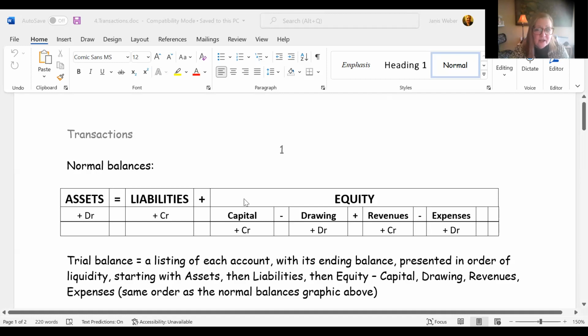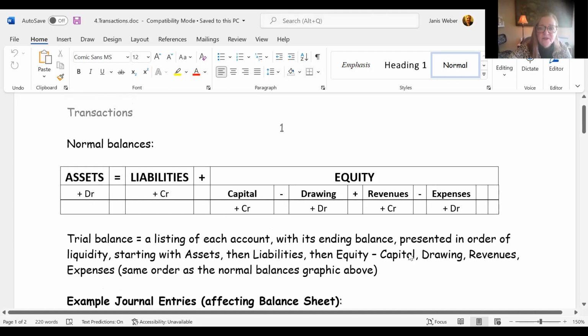And then the equity accounts, the ones that increase equity, have a normal balance of credit, which is the capital accounts and the revenue accounts. And those increase with a credit. And then the 2 account types that decrease equity are expenses and drawing. Both of those increase with a debit, and they also have a normal balance of debit, because whatever side it increases by is its normal balance.